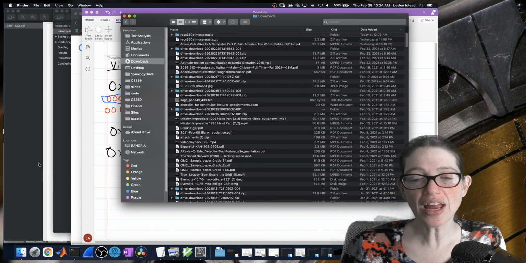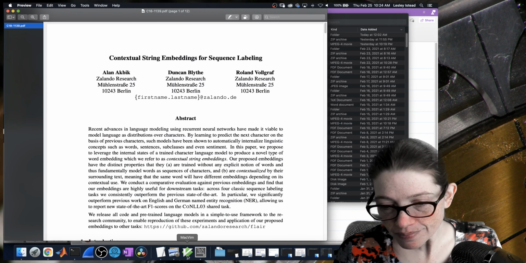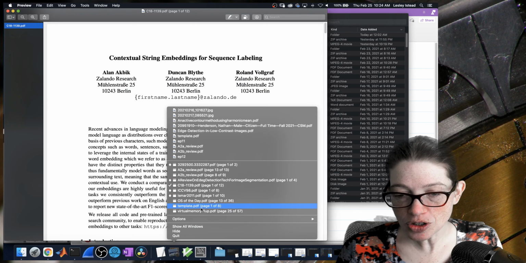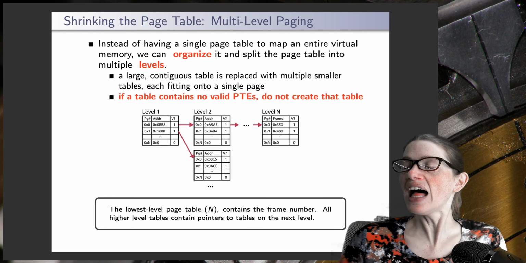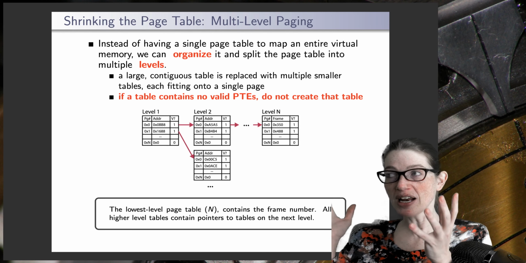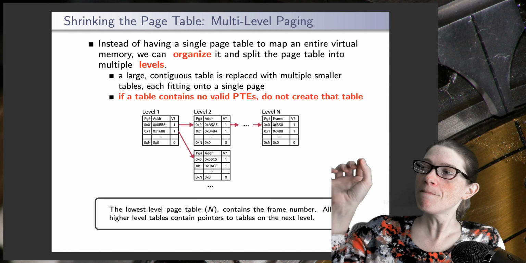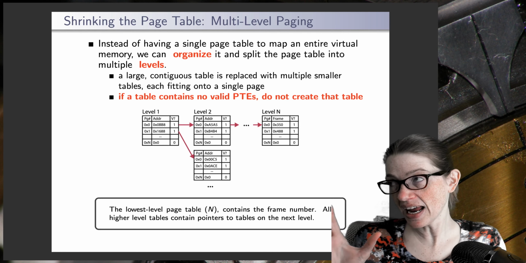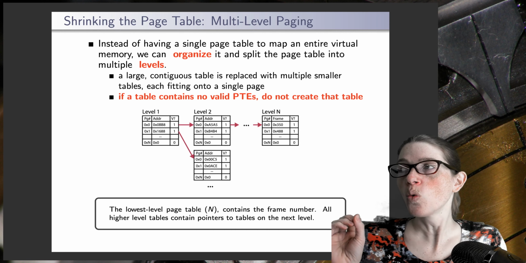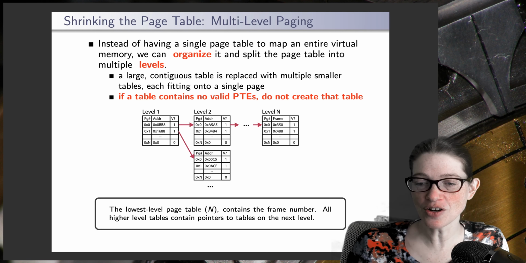We are going to create multi-level page tables. The idea is, we're going to have this page table tree, but we're only going to create the tables in the tree where there is at least one valid entry.